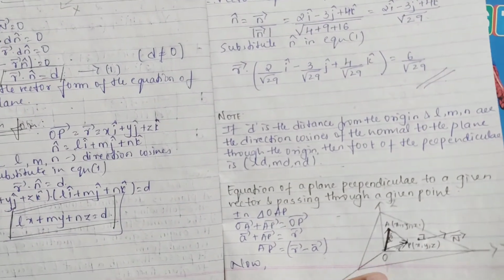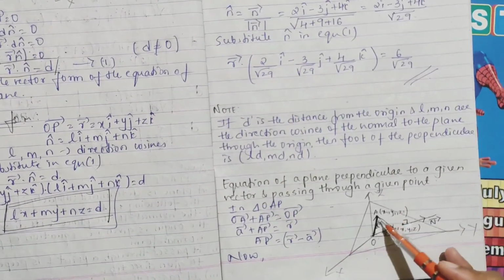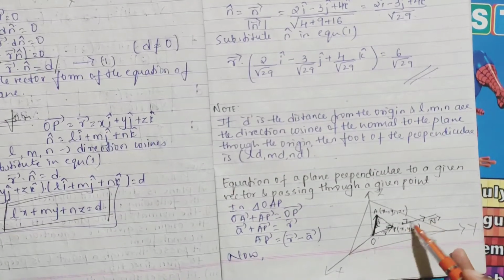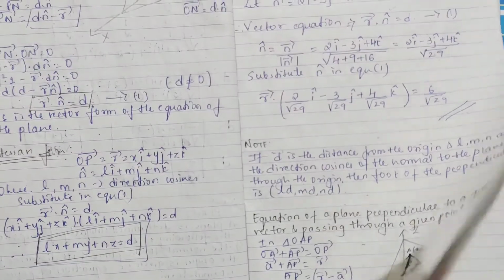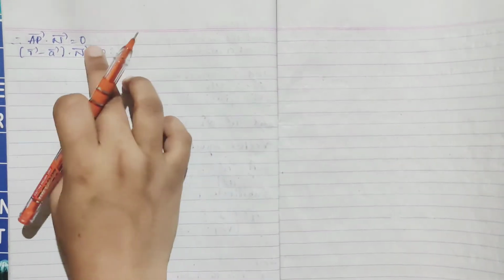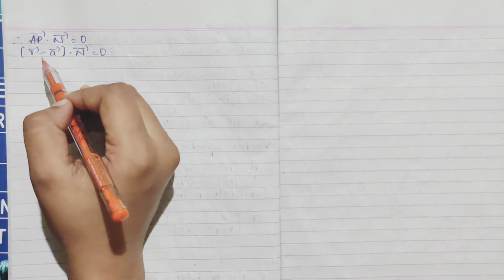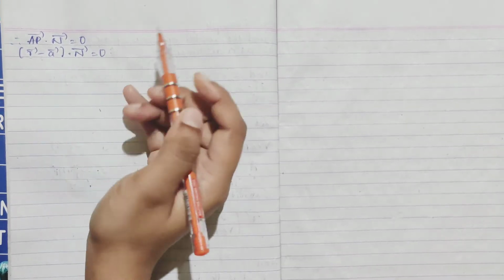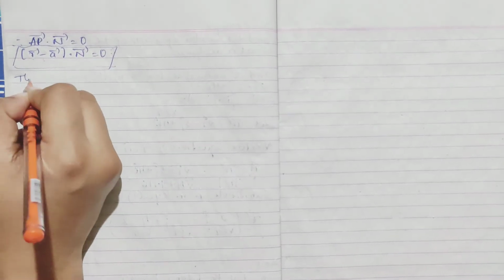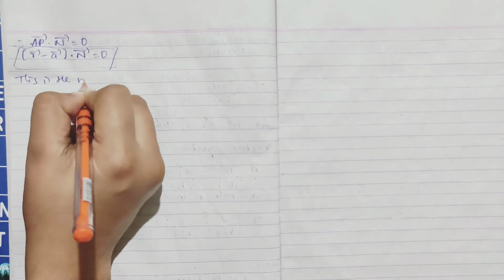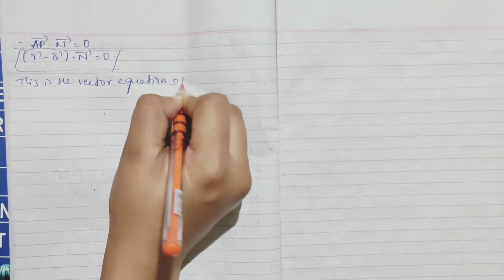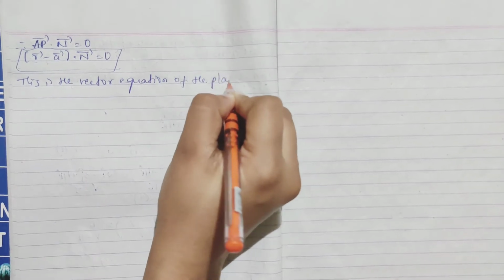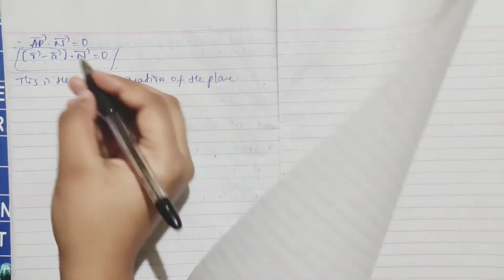You can see this is your AP vector and this is the normal; it is perpendicular, and for perpendicular vectors the dot product is 0. So substituting AP vector, (vector r minus vector a) dot n is equal to 0. This is the vector equation of the plane.